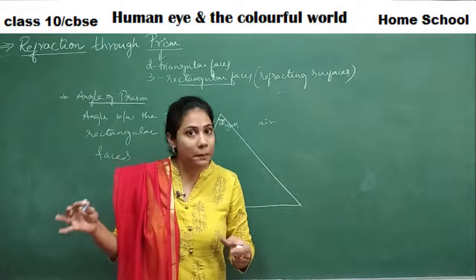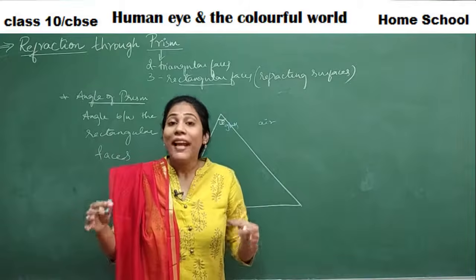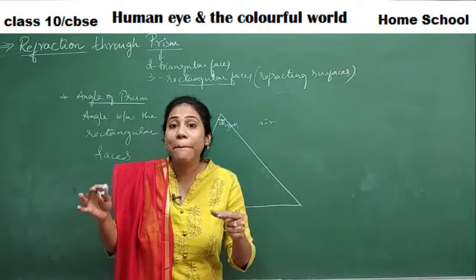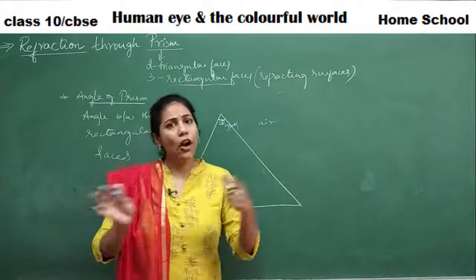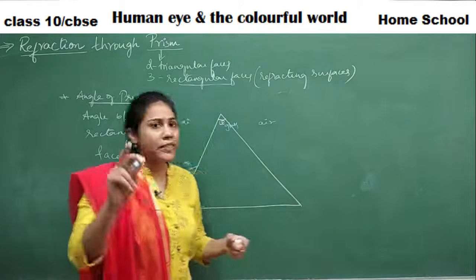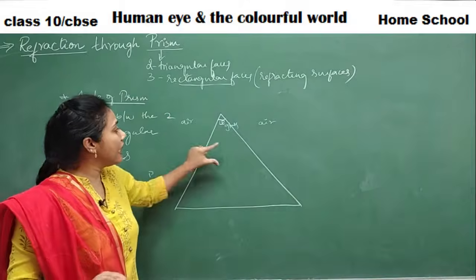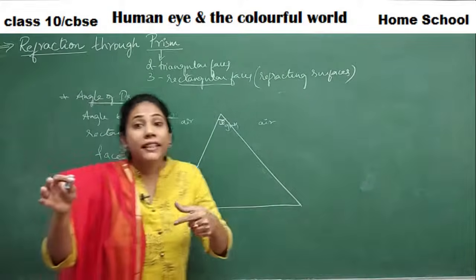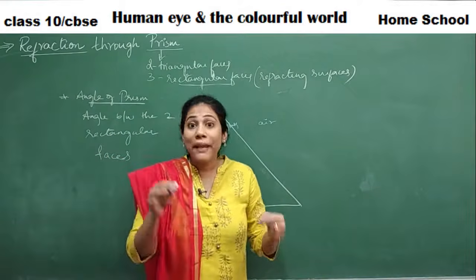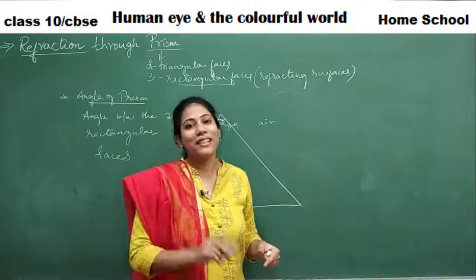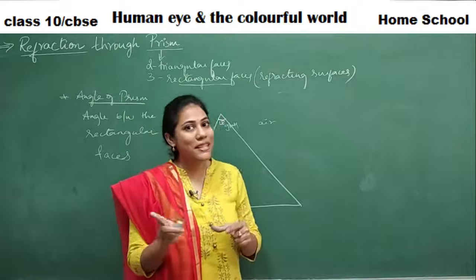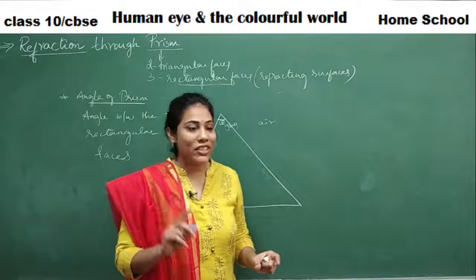That is what we mean by refraction, isn't it? And how does the light ray bend? Towards the normal or away from the normal? Think of it. Whenever a ray is going from rarer to denser medium, the refracted ray bends towards the normal, isn't it? So all these basics we have studied in our previous chapter.